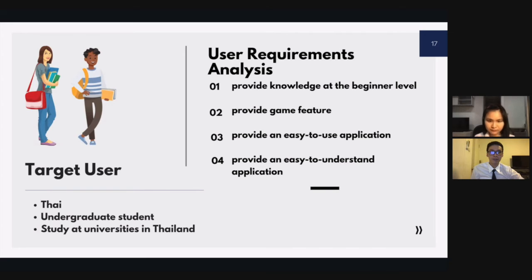For user requirements analysis that we collected from user requirements gathering, the first one is to provide knowledge at the beginner level. Next, provide game features and provide an easy to use application, and last, provide an easy to understand application.